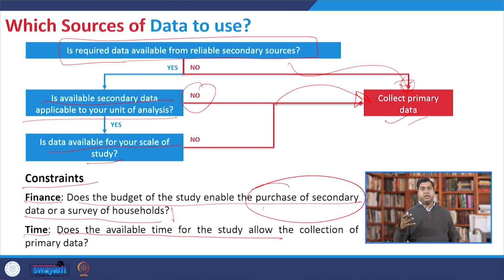It can add certain value, but it is not mandatory. In such cases, you look at the time and also the cost. If the existing information lets you bring out the findings you intend to, then you will not go for primary data collection. Purchase of secondary data is again a concern, and then we have to look at whether the budget is there or not.